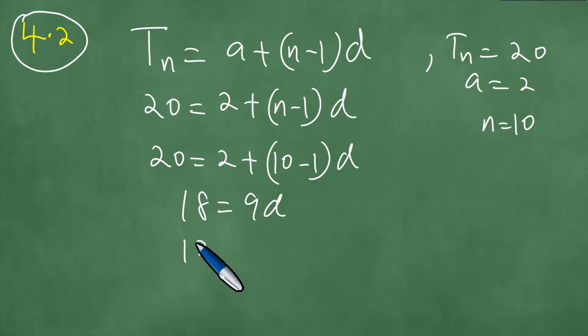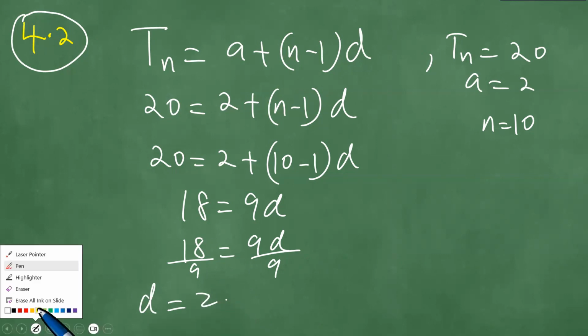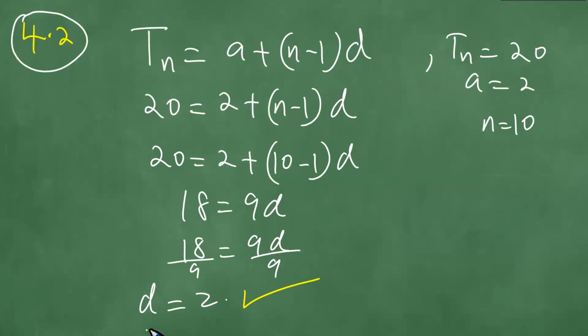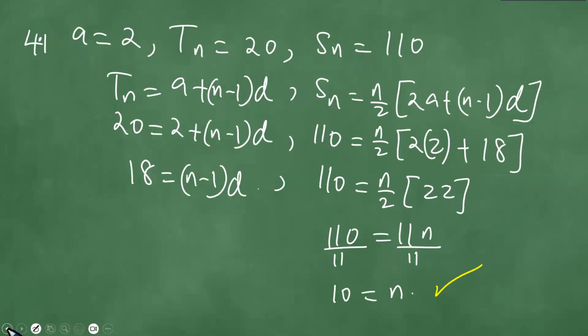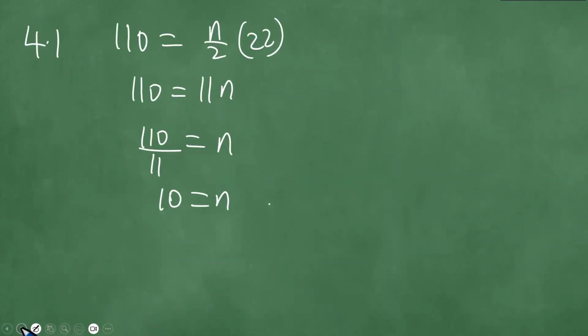Okay, you need to solve for D here. Divide, so D is 2. The question was, what is the common difference? It is D equals 2.